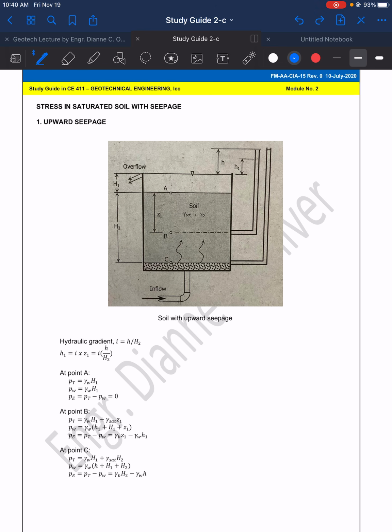So if we are considering the entire system, I, for the entire system, we have H over H2, right? For this tube here, located at the bottom.